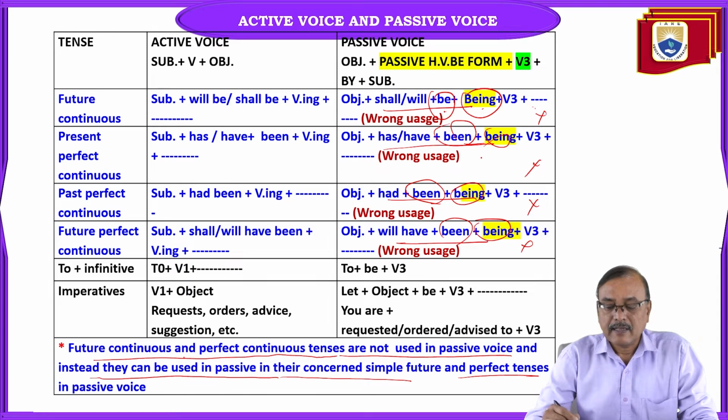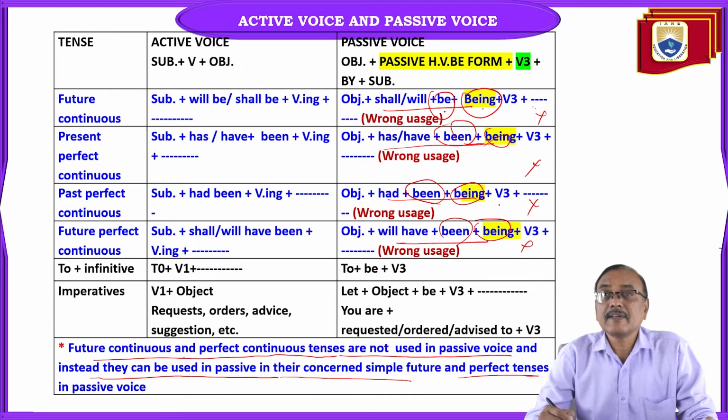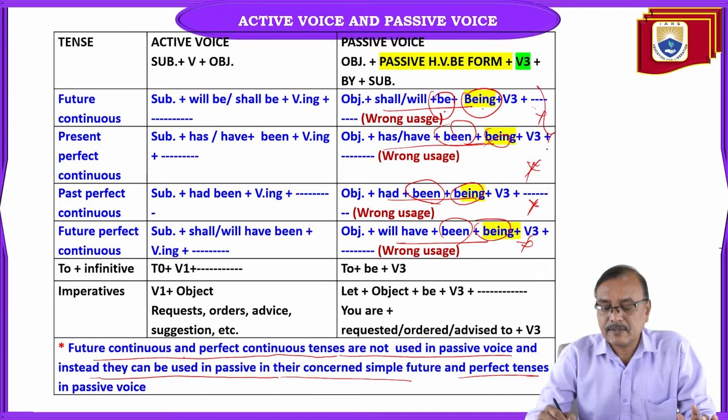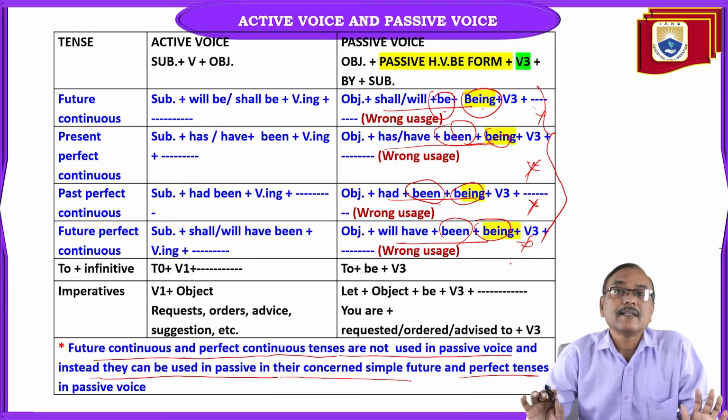Instead of present perfect continuous, past perfect continuous, future perfect continuous in passive voice, you can use present perfect or past perfect or future perfect. Don't go for these continuous tenses: future continuous, future perfect continuous, present perfect continuous, or past perfect continuous. Don't use them in passive voice, right?